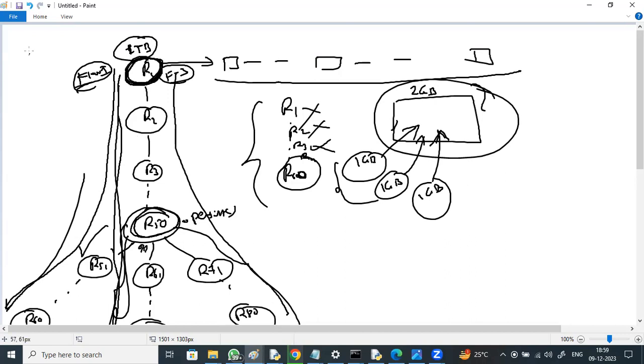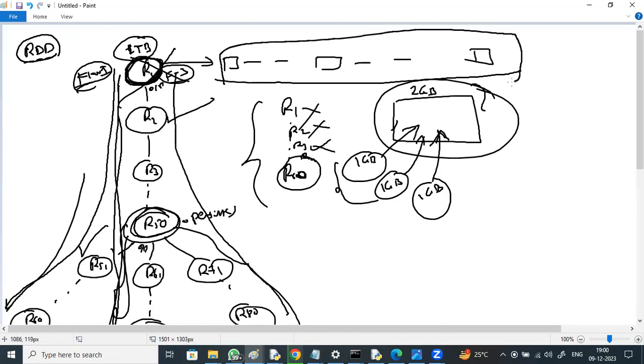So what is the full form of RDD? Resilient Distributed Dataset. Whenever the R1 output is collected and R2 is ready and computed, R1 will be removed, because to accommodate R1 and R2 that much RAM can't be maintained.